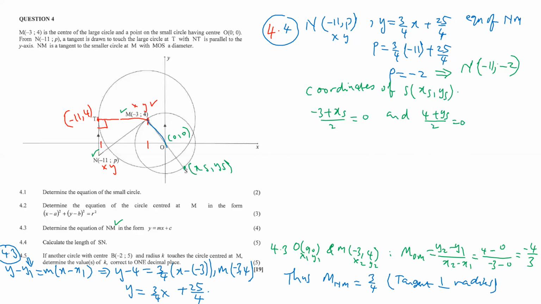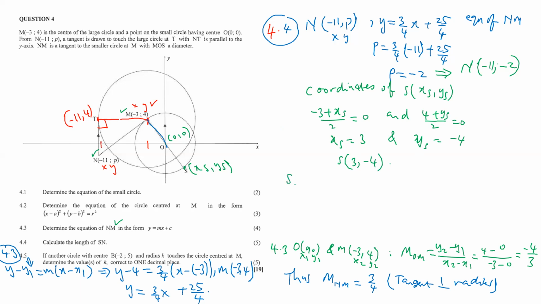And the coordinates of S there, where the 0, 0 is the origin, and therefore, we're able to see that xs is the same as 3. Ys is the same as -4. So the coordinates will be 3 and -4.